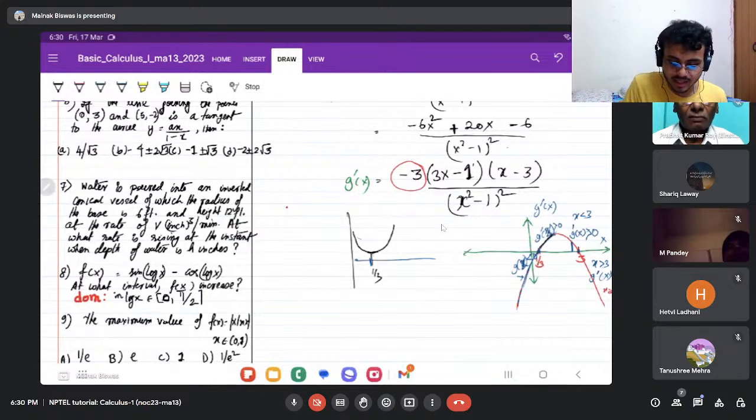So at 1 by 3, did you understand why there will be a local minima? Because your function was decreasing up to 1 by 3, because you had negative derivatives, and then it started increasing, and at 1 by 3 the derivative was 0, so it will have a minima there. So 1 by 3 is a minima, and 3 similarly is a maxima.